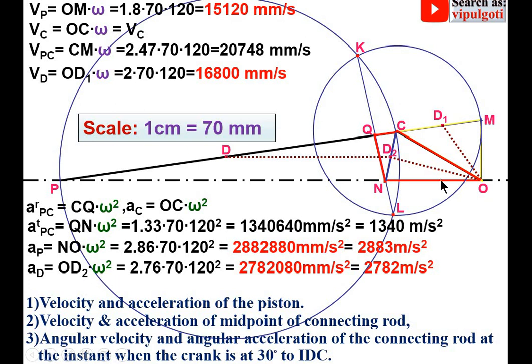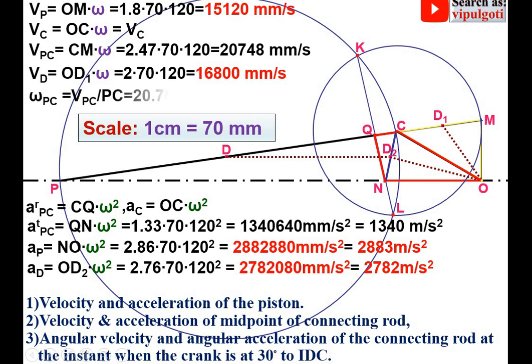If you measure OD2, then it will be 2.76 cm multiplied by scale multiplied by omega square, and divided by 1000, you will get the acceleration of midpoint of connecting rod as 2782 meter per second square, and that is your next answer, acceleration of midpoint of connecting rod.